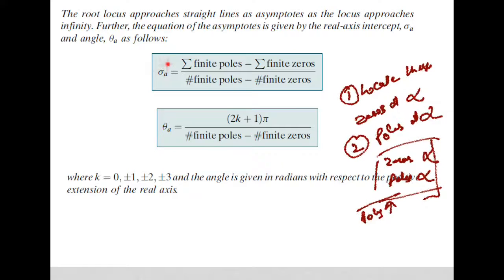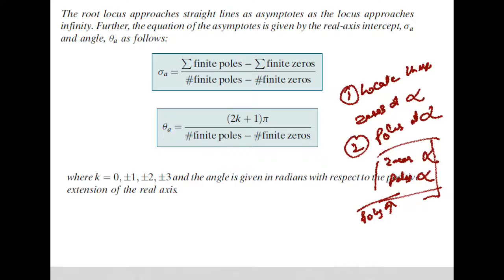The real axis intercept is the summation of the finite poles minus the finite zeros, divided by the number of finite poles minus the number of finite zeros, and the angle is given by (2k plus 1) times pi divided by the number of finite poles minus the number of finite zeros. The derivation of this is given in the appendix of the textbook that we are following.